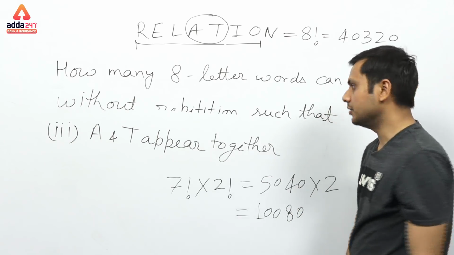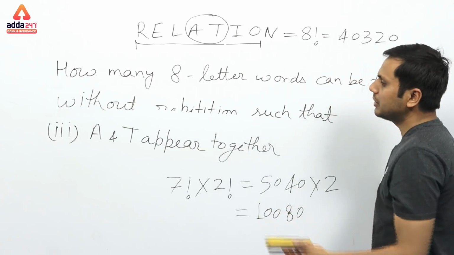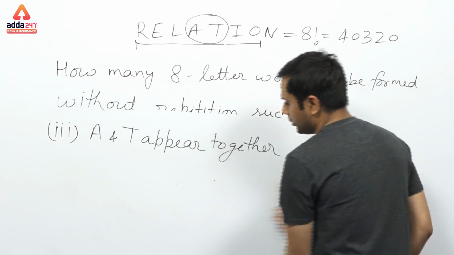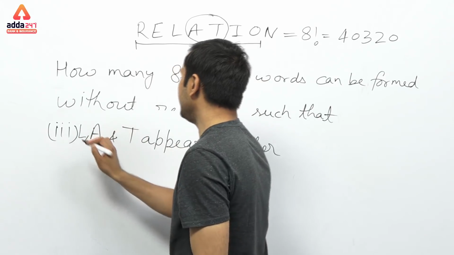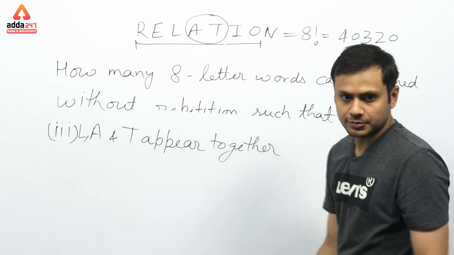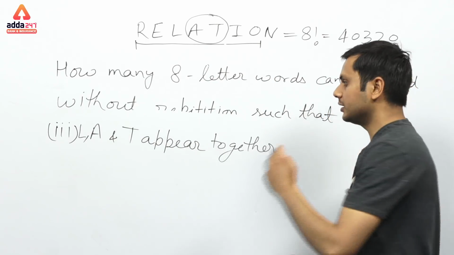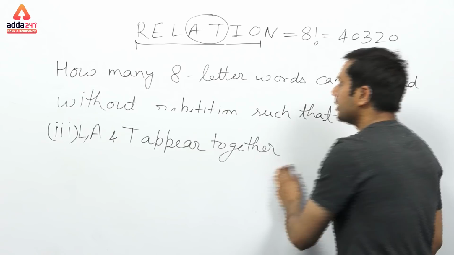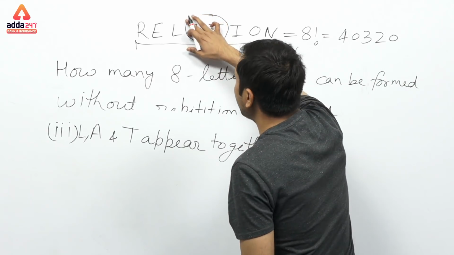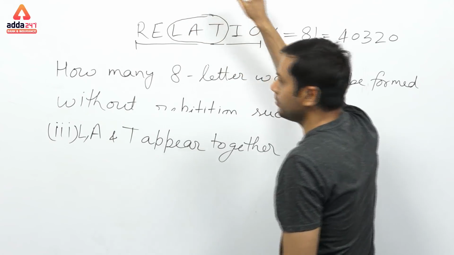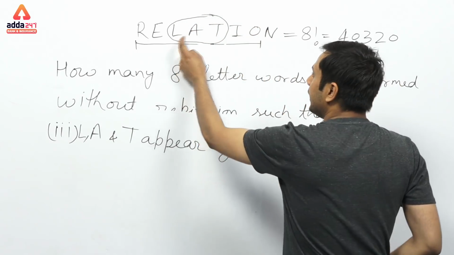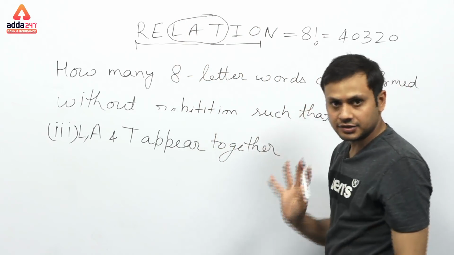It is 10,080. Okay. Similarly, had there been a question, suppose they are saying that L, A and T appear together. Suppose these 3 letters L, A and T appear together, then what we would have done, guys, is form a group containing L, A, T. Now how many letters are there?